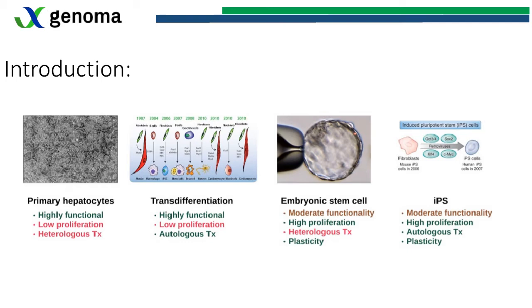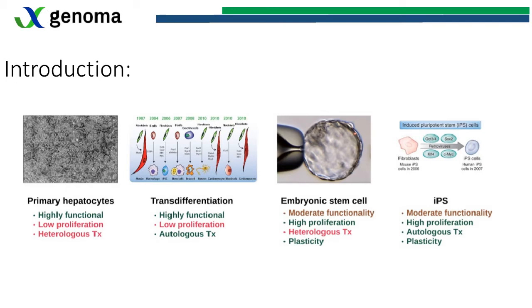But we do have iPS cells. iPS cells are pluripotent stem cells that are generated from a process called reprogramming, where we take a primary cell and transform it back to a pluripotent state, where the cells can differentiate towards any phenotype that we want. So we have this plasticity of the embryonic stem cell.